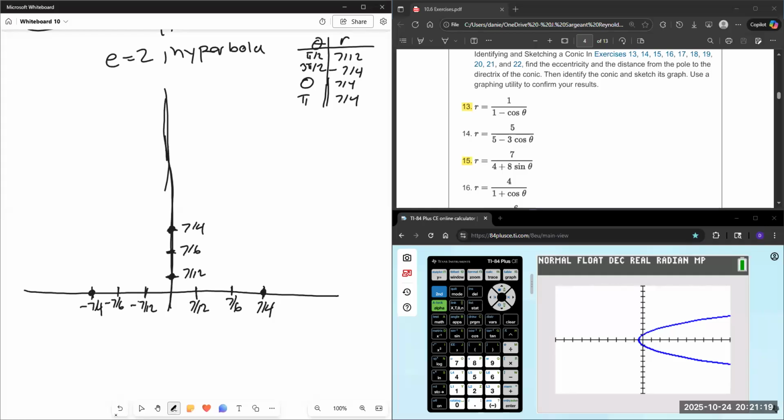So this is the center, it's halfway in between here. So when I go another tick mark here, this is also here and here.